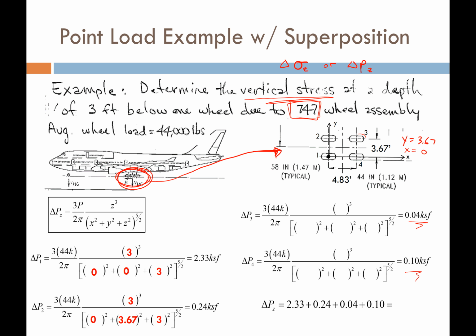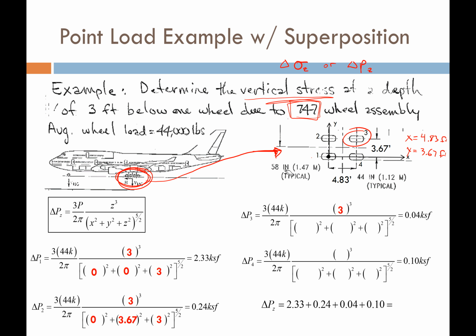Okay, hopefully you're back and you were able to get those numbers. If you weren't able to get them, let's help you out. For tire number 3, X is going to equal 4.83 feet, because here's my origin and I'm moving to an X value of 4.83. Y is going to equal 3.67 feet, because I'm moving up to a value of 3.67 for tire number 3.